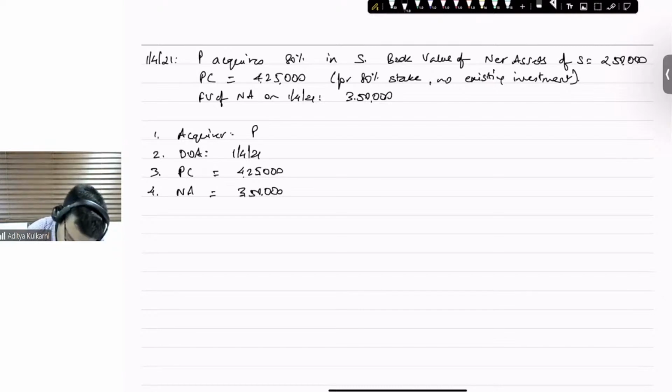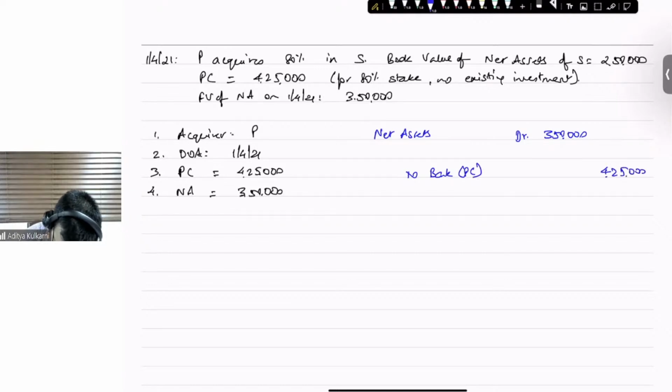And now, if I have to pass the takeover entry in the consolidated books, can I pass an entry like this? Net assets account debit 3,50,000 to bank. This is the PC, 4,25,000.